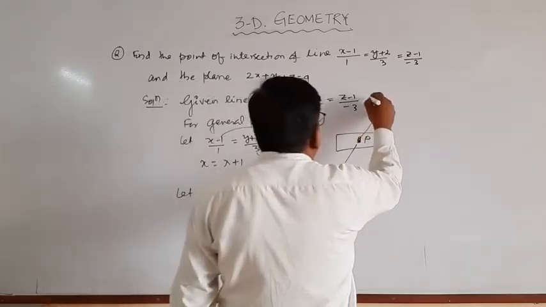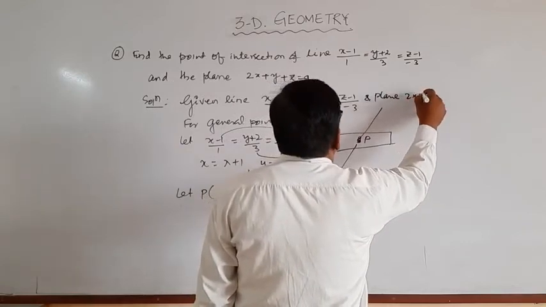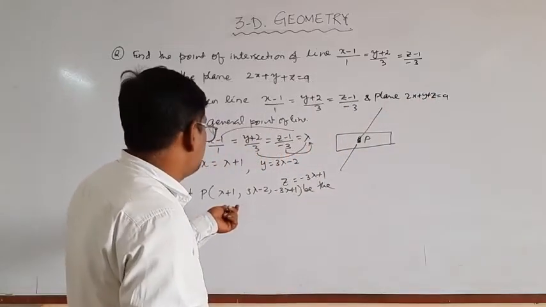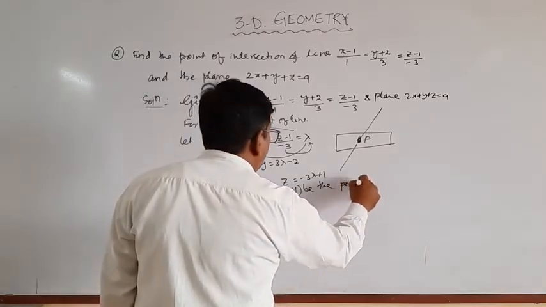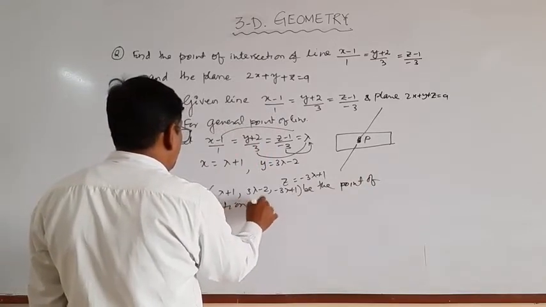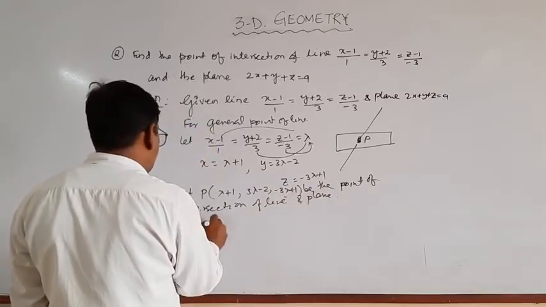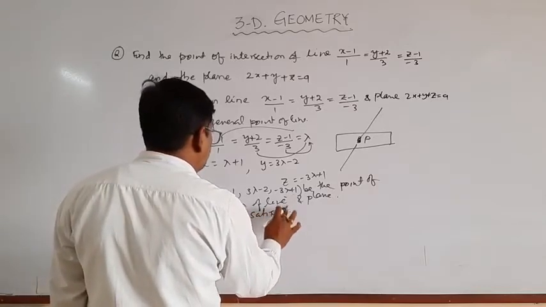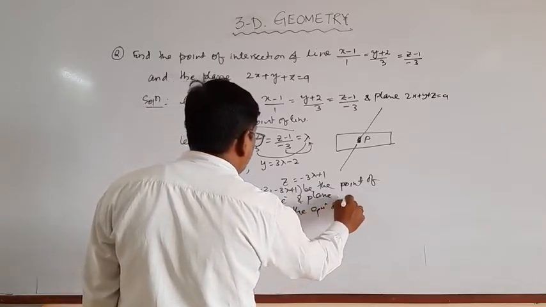Given the line, and the plane is 2x plus y plus z is equal to 9. That P of lambda plus 1, 3 lambda minus 2, minus 3 lambda plus 1 is the point of intersection of line and plane, so it will satisfy the equation of plane.